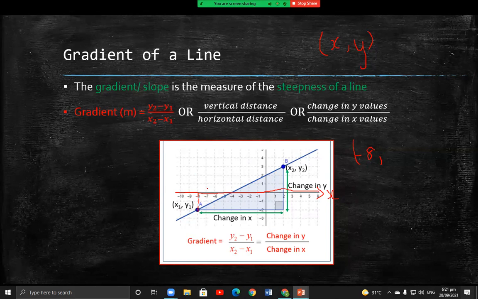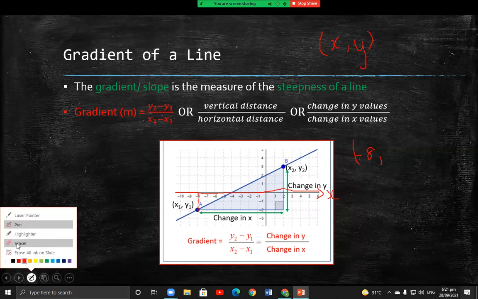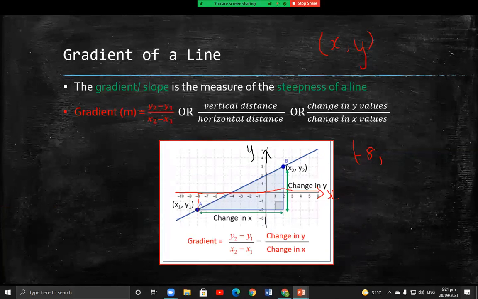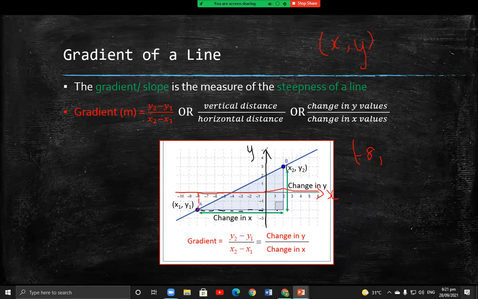The y value for that same point: this is my y-axis, this vertical line here. We'll draw a horizontal line from my point A to get my value for y.